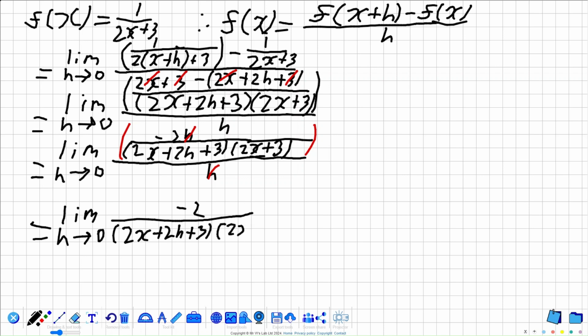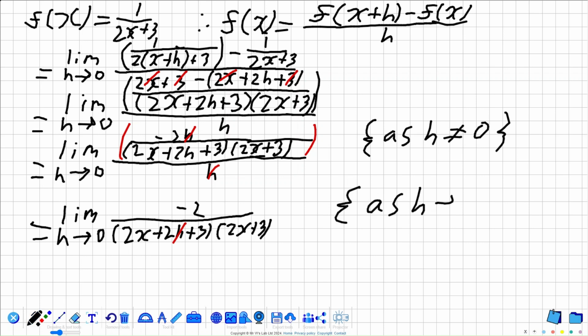And I should also state up here that h doesn't equal 0, and then we can actually cancel that because we're getting rid of all the things with h in it, and we can state that as h approaches 0.